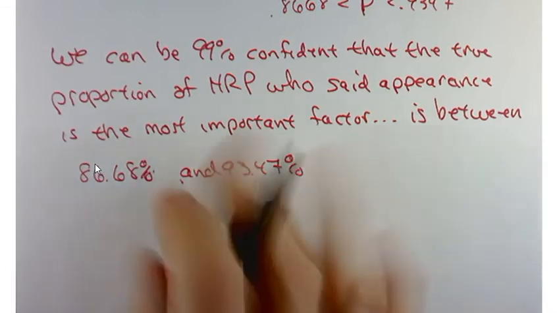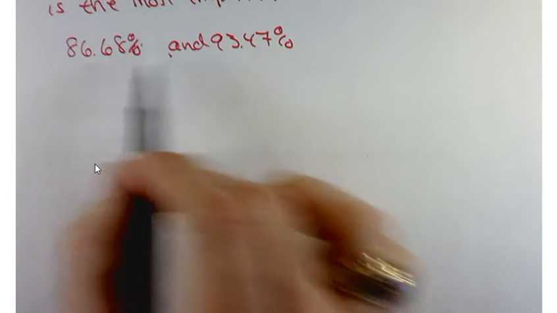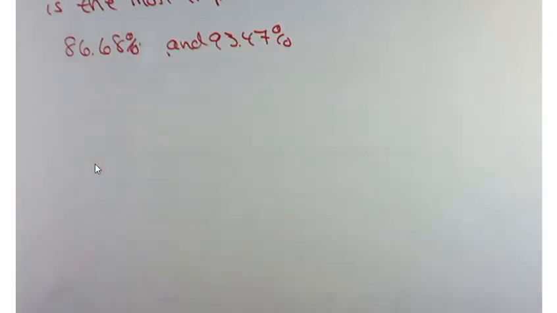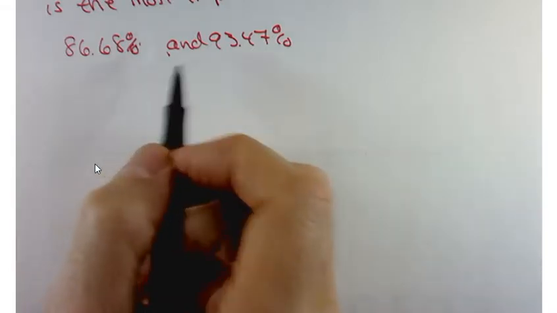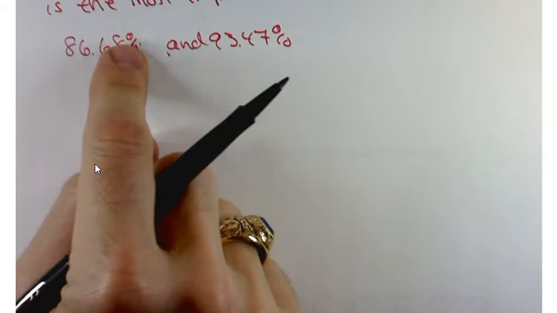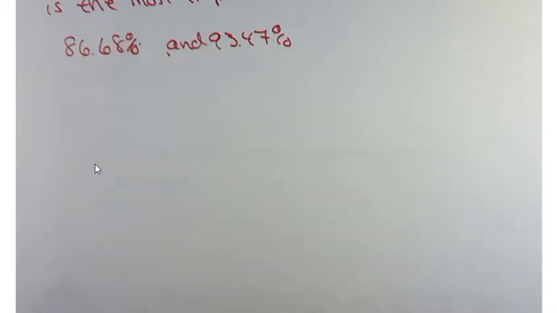Now, one thing that sometimes you want to do, sometimes you might look at that and go, you know what? I need to be more precise about where that's at. I need to know to within 1%, or whatever value you want. So you want to control the size of your error.